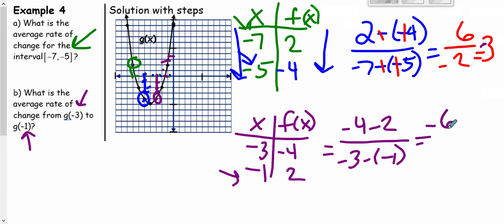I get a -6 over, state change, a -2, and negative over negative makes a positive. So it's kind of interesting to me. On this side of the function, I had a negative, and on this side of the function, I had a positive. Does that look like it might make sense? This one's going down, so it's negative. This one's going up, so it's positive.